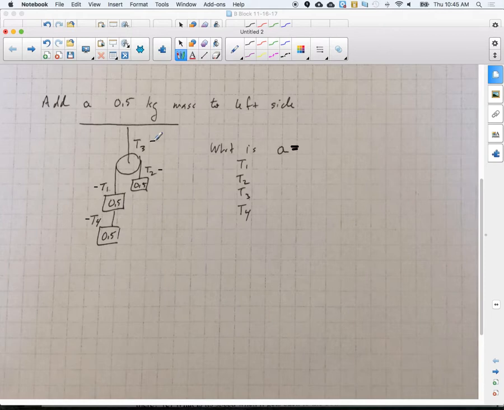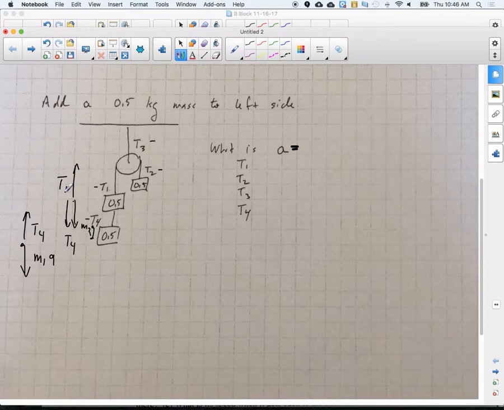So we're going to do the following, and we're going to come over here and we'll do M1 G down. I've called that T4. We're going to call this one here M2 G down, and then there's a T4 and then a T1.